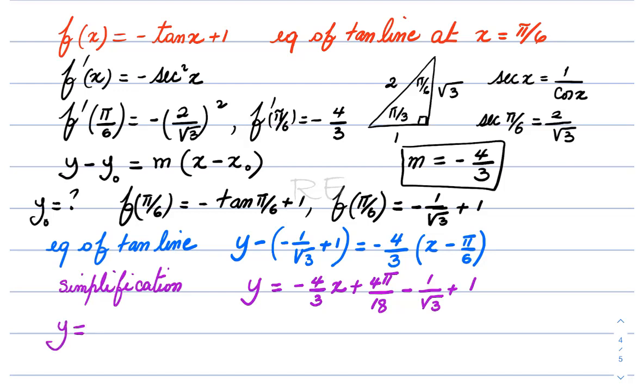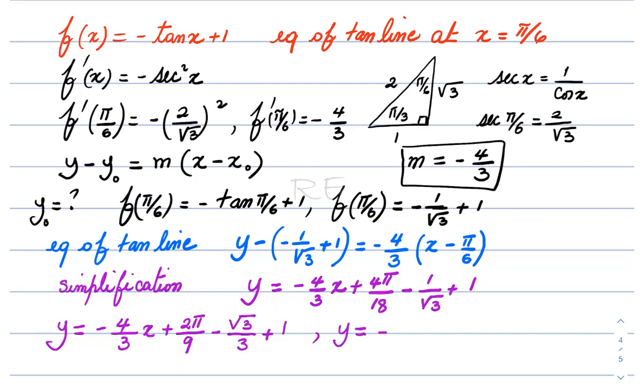Now y will be equal to negative 4/3 x plus 2 pi over 9, divide numerator and denominator by 2, minus square root of 3 over 3, rationalizing 1 over square root of 3, plus 1.